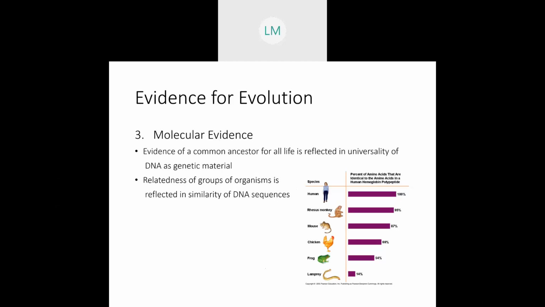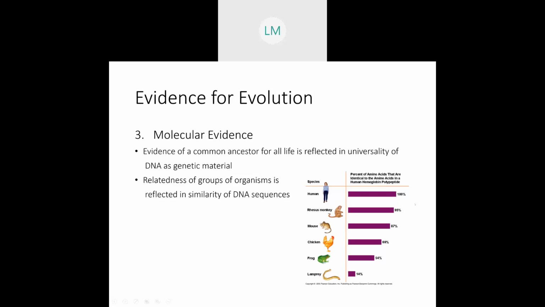But we can also look at how different groups are related if we compare how similar their DNA sequences are. So in this figure over here, we're comparing the percent of amino acids in human hemoglobin to hemoglobin in other types of organisms. When we compare a human to a rhesus monkey, the rhesus monkey has 95% of the same amino acids in hemoglobin that we do, right?